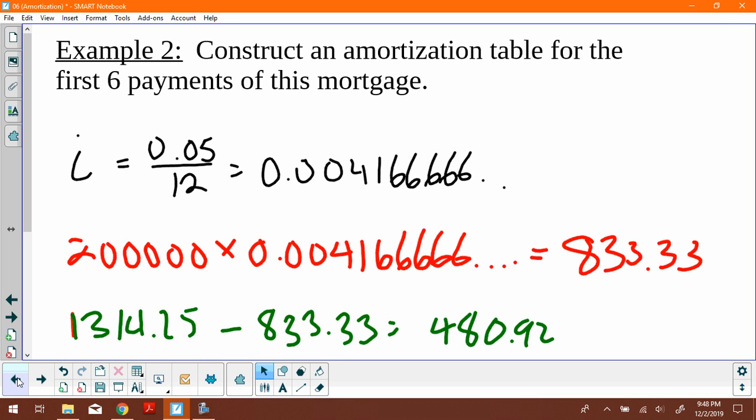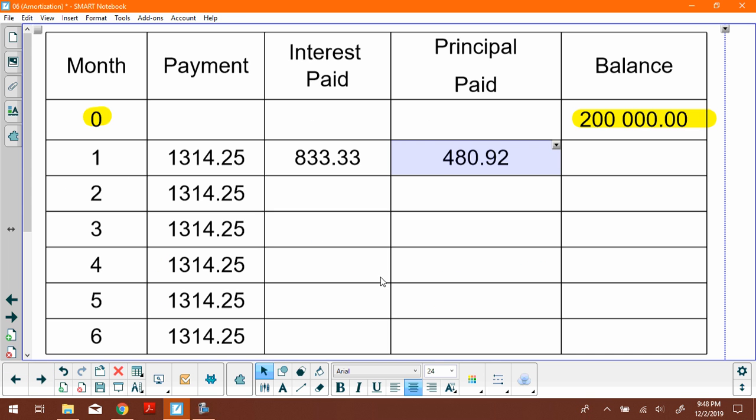Double check. Yep. So finally, now that I know how much of the principal is being paid, I'm going to take my balance, 200,000, and just subtract this 480.92. So we had 200,000 minus 480.92.